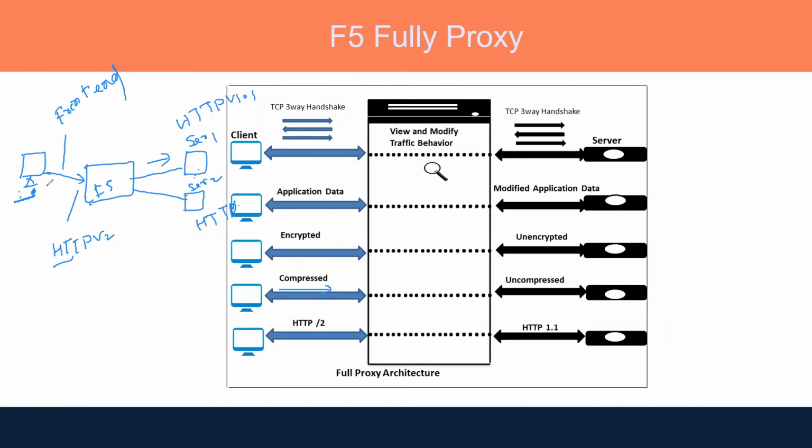If you send 10 MB, 50 MB or 60 MB of data through a WAN link, it would be very slow. So the client sends the compressed request to F5, and then F5 sends a normal uncompressed request to the server. Here compression is happening, and on the back end decompression is happening. That's another benefit you can get.